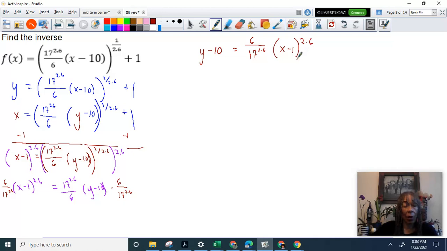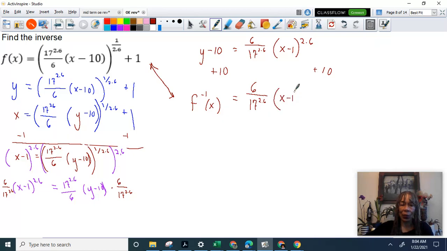and always check your work. All right, well, we can check the work by checking the graph in the end to see if the inverse comes out pretty. So I'm going to add 10 to both sides, and my final equation, and instead of y over here, I'm going to write the inverse of the original equation, these two are buddies, is going to equal some ugly constant, and that's not fair, some beautiful, complicated constant, x minus 1 to the 2.6 power plus 10.